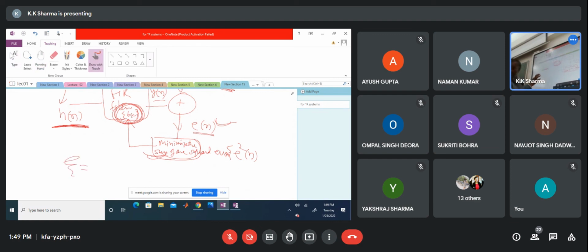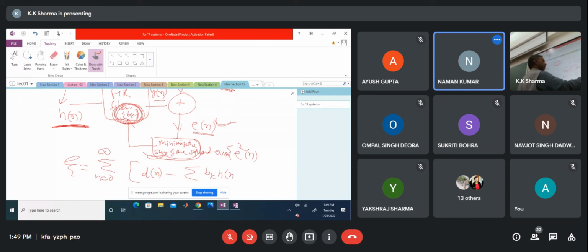So ultimately, I will minimize the error as summation n equal to 0 to infinity of the desired response minus actual response, whole square. Actual response is summation b k h of n minus k, k equal to 0 to m.